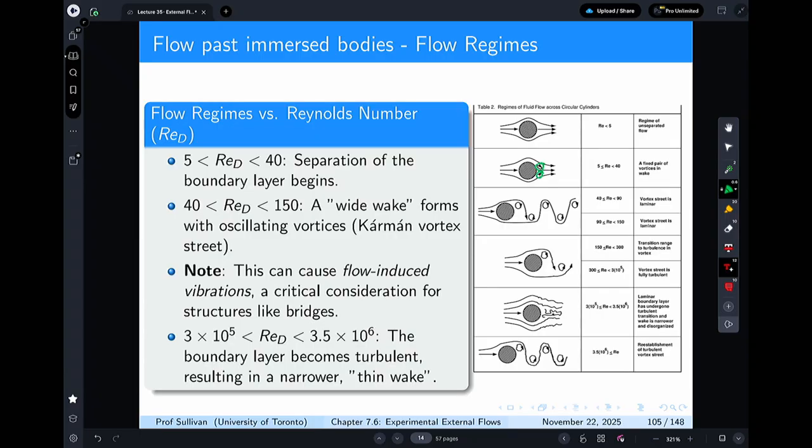So again, lots of work done on this, looking at something called coherent structure identification. The important point is those vortices are really important if you want to model these flows. And that persists to 3 times 10 to the 5th, so 300,000. And you have a vortex street, which is everything downstream of the sphere.